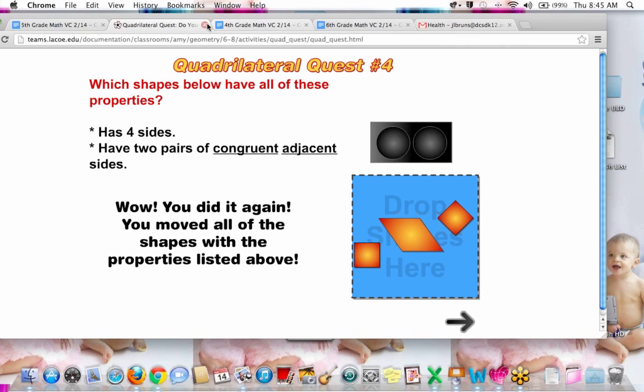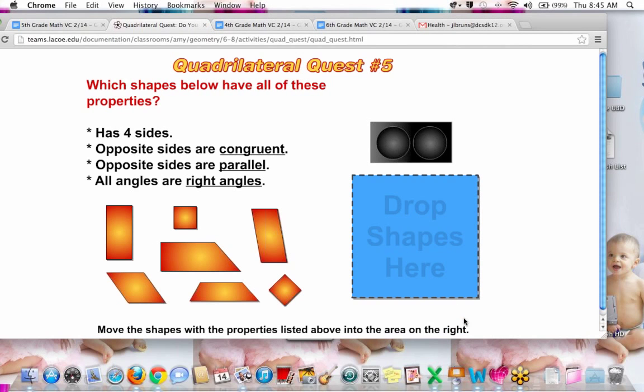Perfect. All right, guys. Okay, this will be our last one for quadrilaterals. One more game, and then we'll move on. So this has to have 4 sides. Opposite sides are congruent. Opposite sides are parallel. And all angles are right angles.